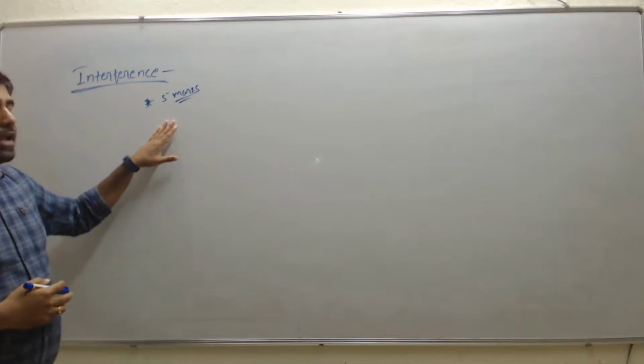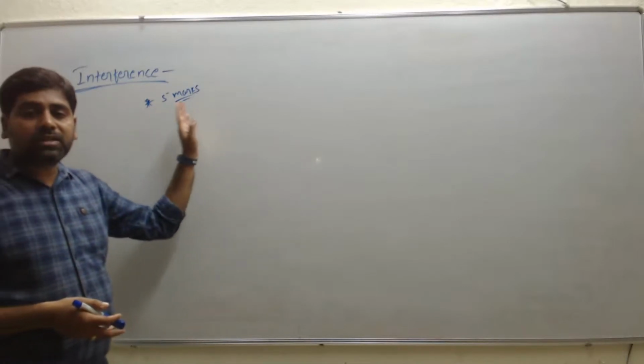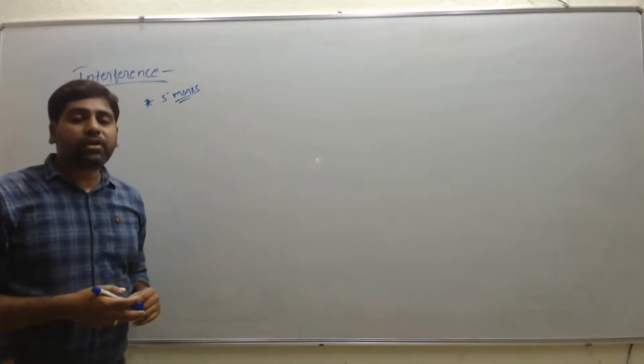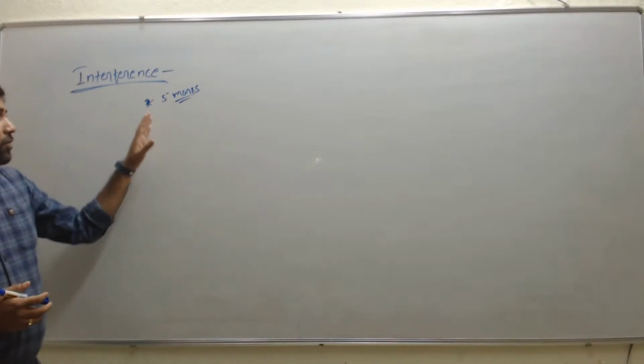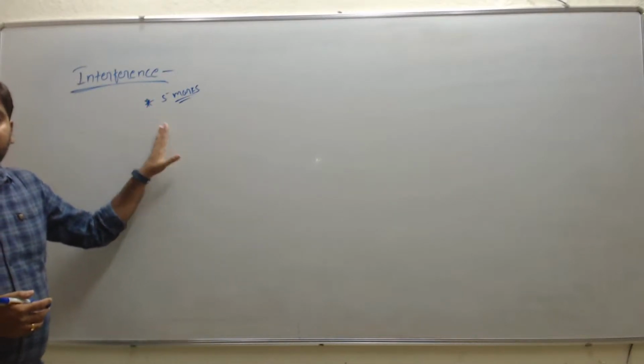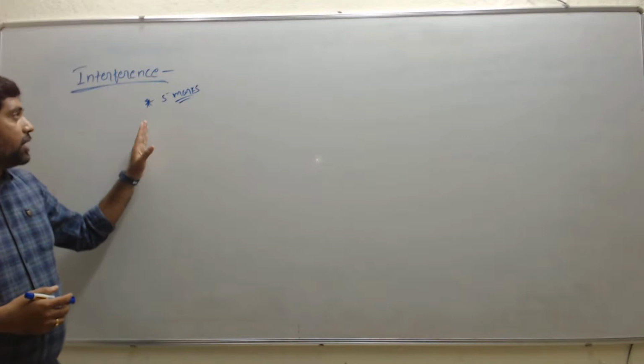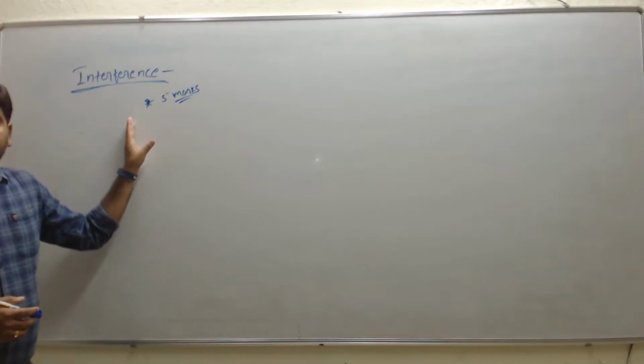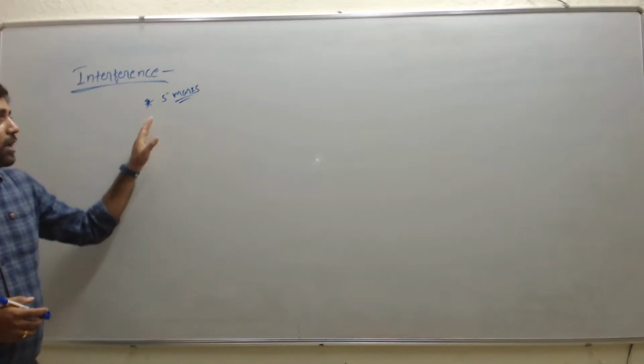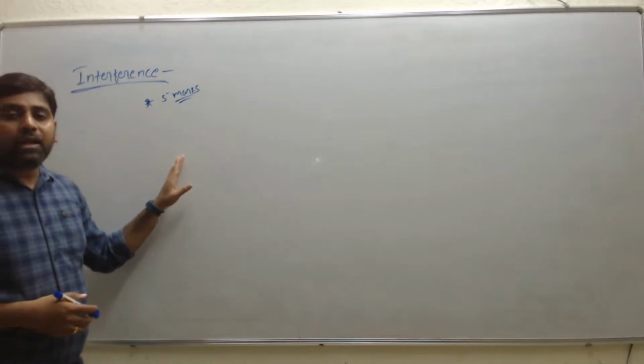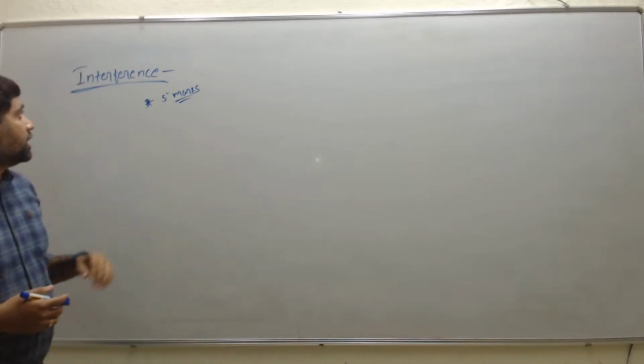For 5 marks, they may ask to give the theory of interference. We have two types of interference: constructive interference and destructive interference. And in this we have Young's double slit experiment, which is also very important. Next, what is a coherent source and an incoherent source, and the intensity of coherent and incoherent sources.